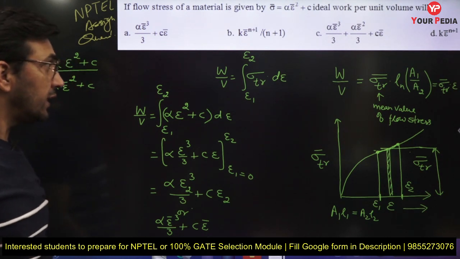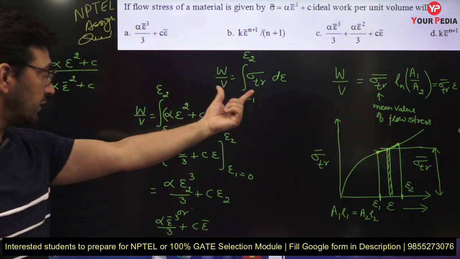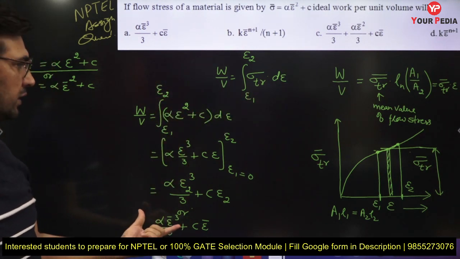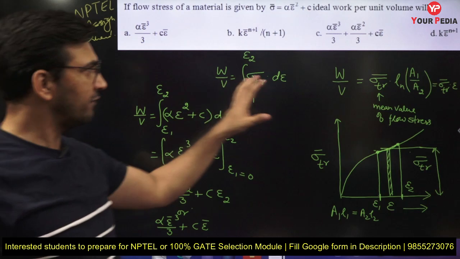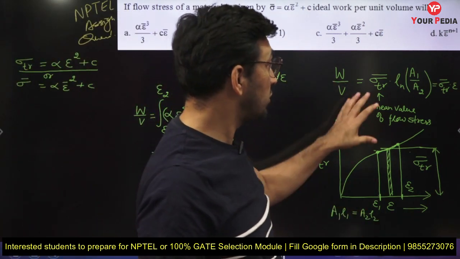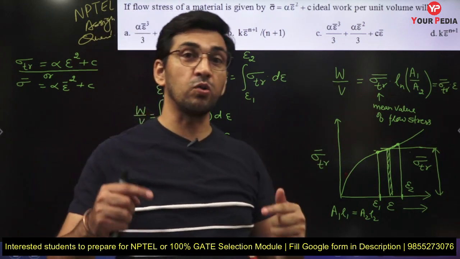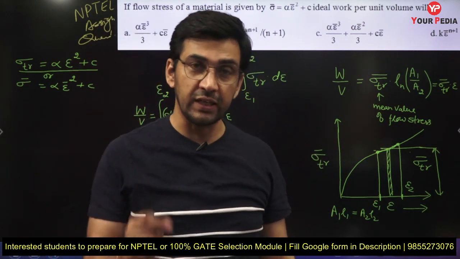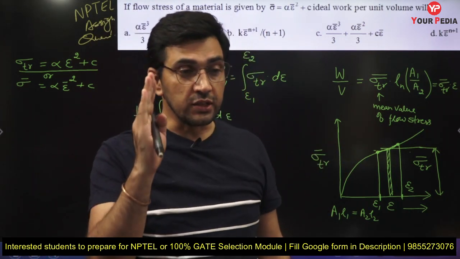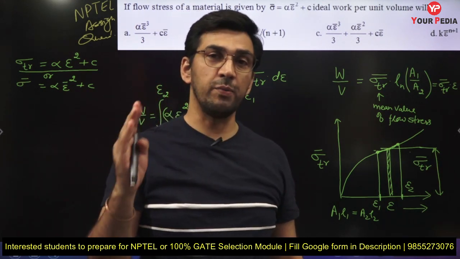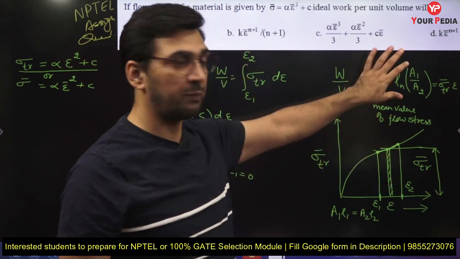Now if you know this one, if you have the idea of this one, then it is a very simple, straightforward result. But if you don't have the basic background of this, which most of you try to skip, normally when you try to estimate the amount of load required to deform the material in different deformation processes, for example forging or maybe rolling, you skip this basic formula.